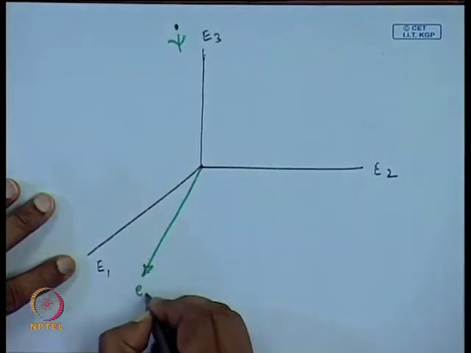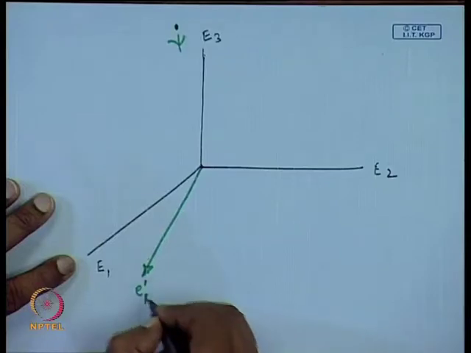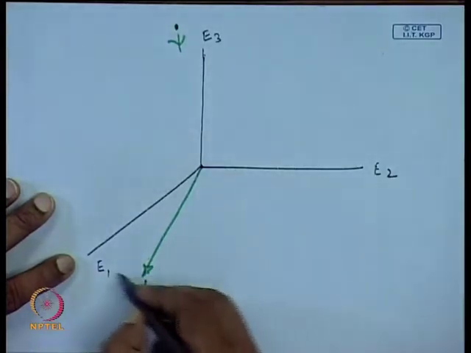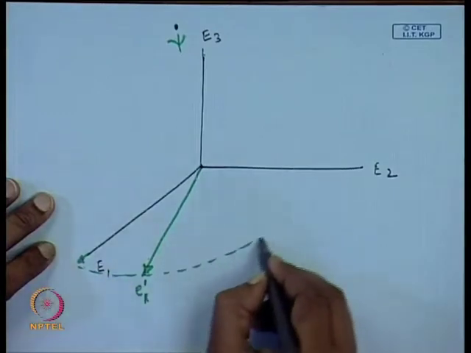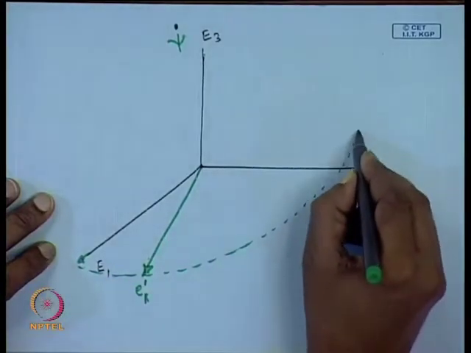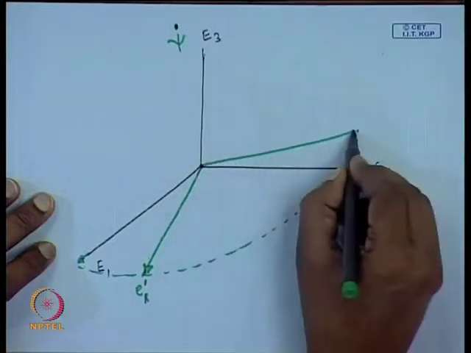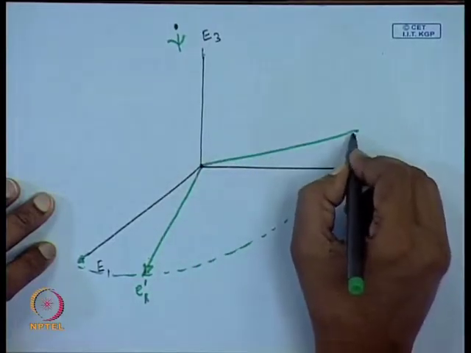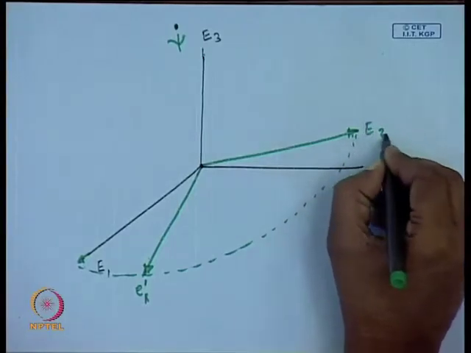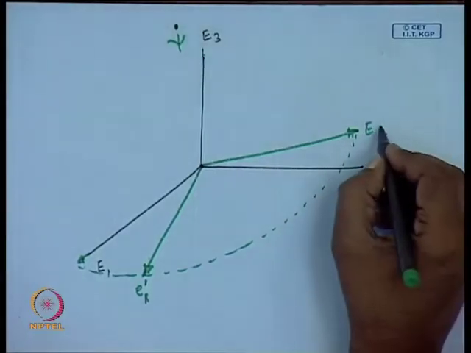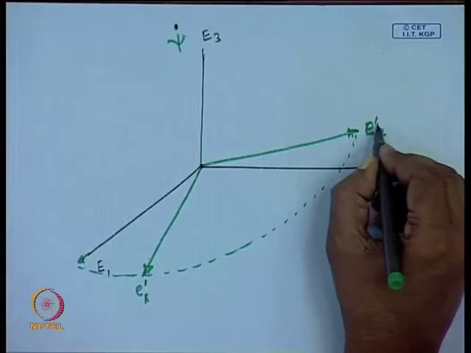So, this we write as E1 prime, and similarly in the same plane E2 will move to this place, and this we have indicated as E2 prime.